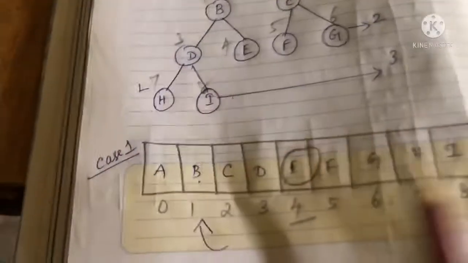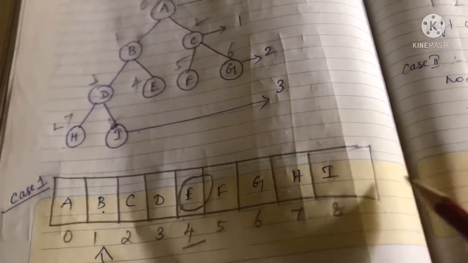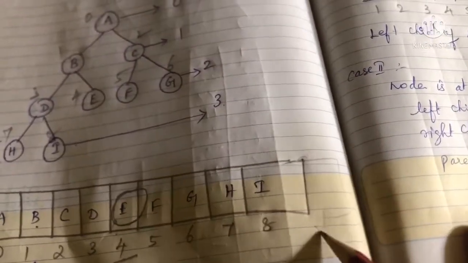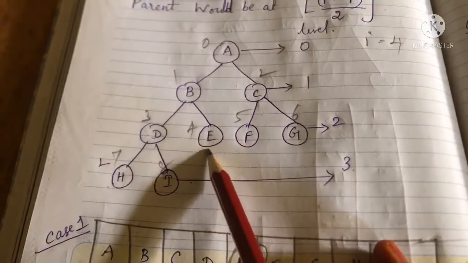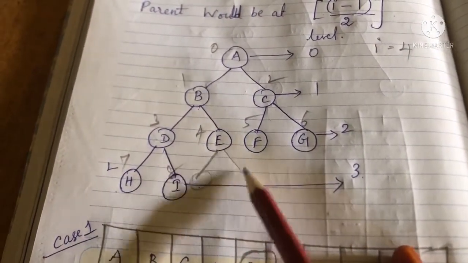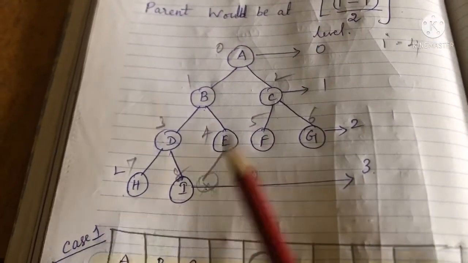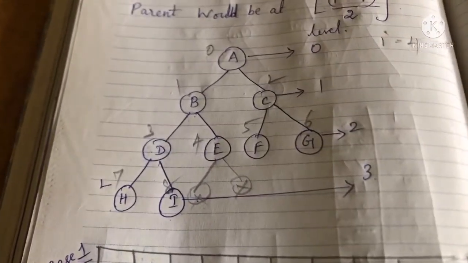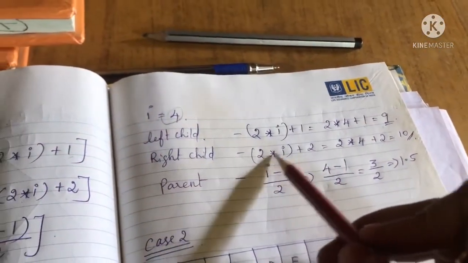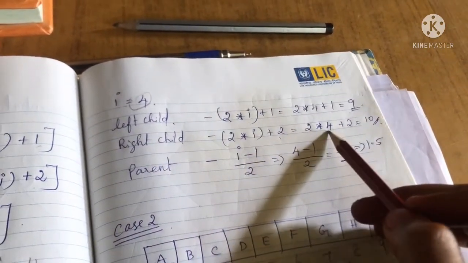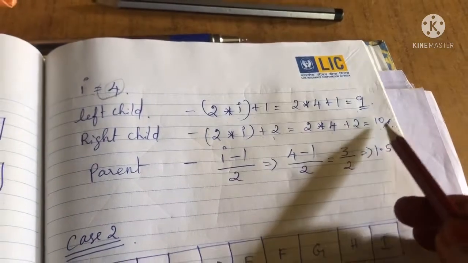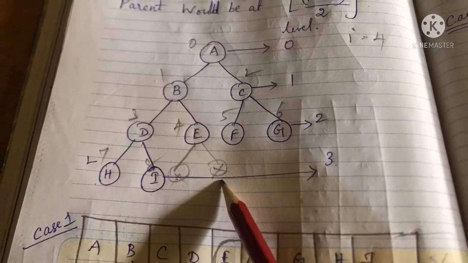Index 9 is not available, so there is no left child. Ninth one is empty. Now apply the right child formula, 2 into I plus 2: 2 into 4 is 8, 8 plus 2 equals 10. The 10th one is not available, so E doesn't have a right child either.